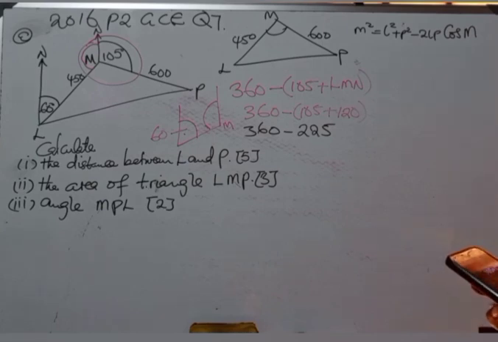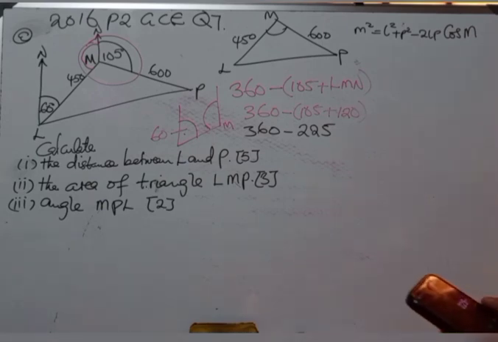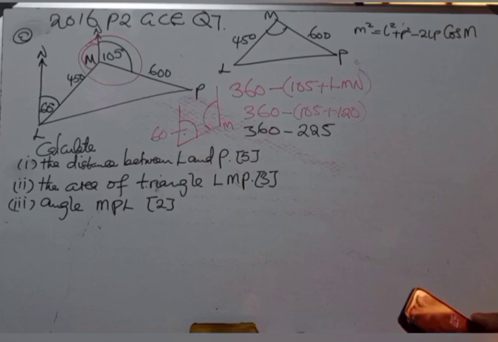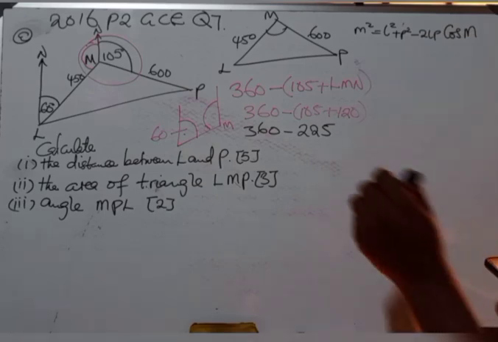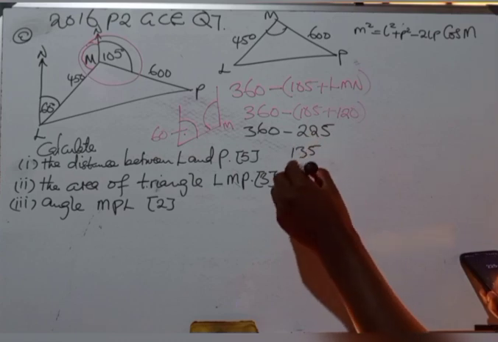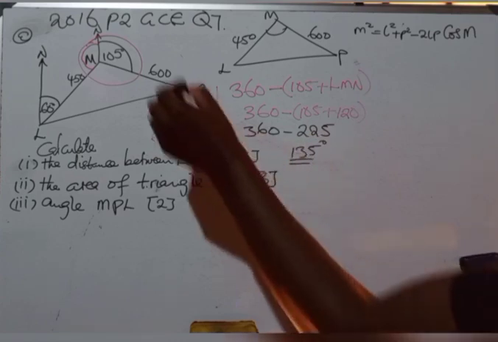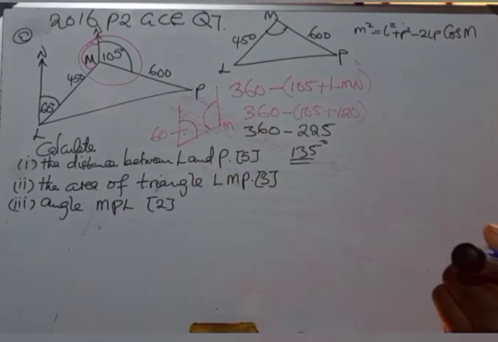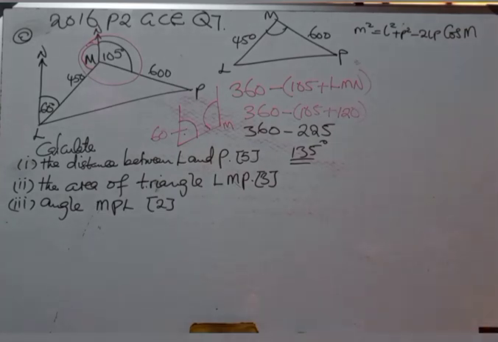Now what is 360 minus 225? We have 135. So angle M, that angle M there is 135. So this is the way we handle questions to do with bearings.